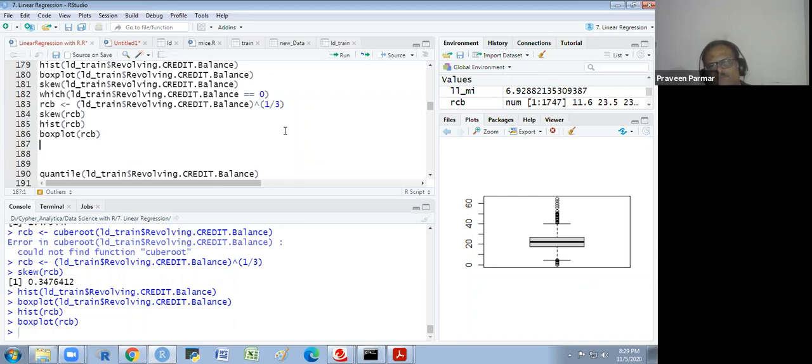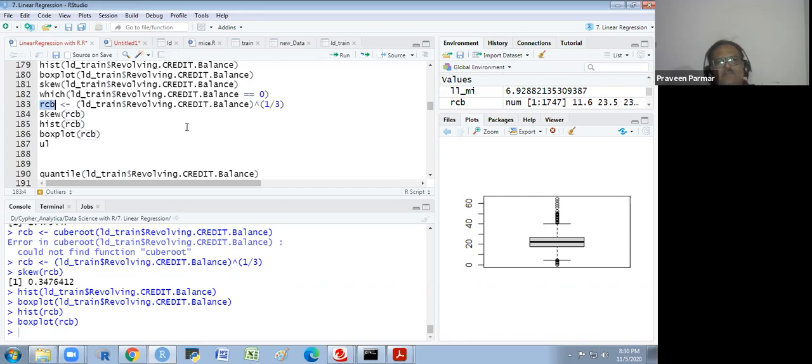Now I have controlled it. The skewness is 0.34 with the cube root function, which I used. Now I find out the upper limit of this. So UL, first I have to change here.